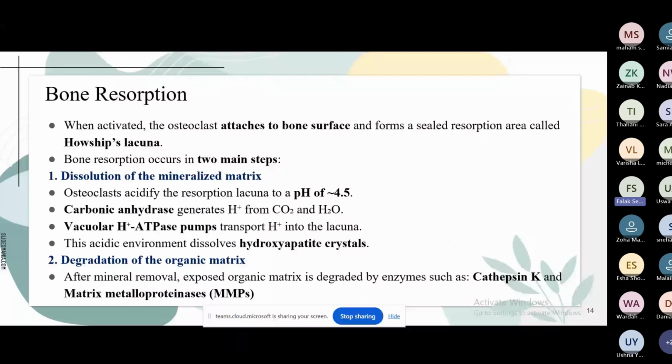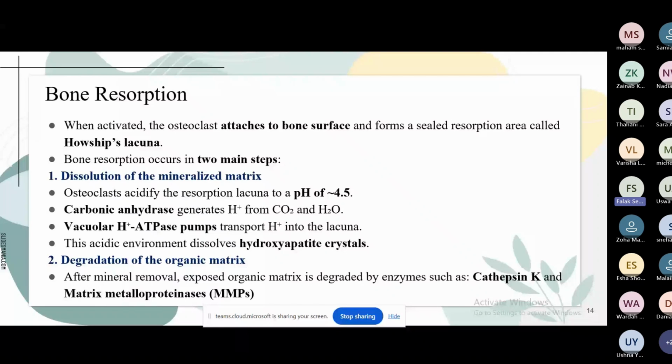So in short, there is no need to remember all these things, but remember that in the presence of an acidic medium, the osteoclasts dissolve the mineralized matrix first. And then there is degradation of the organic matrix in the presence of cathepsin K and matrix metalloproteinases. Okay, is this clear?